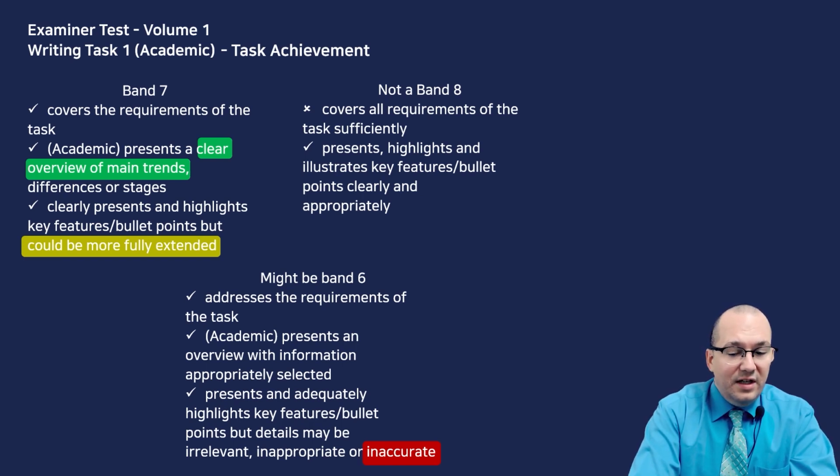If you're reporting information inaccurately, you're risking getting a 6 or even a 5 for task achievement. And this could affect your overall score. So yeah, you have to be careful that you're reporting information well. And again, this comes back to making a very clear plan, which you should be doing. So yeah, it's a band 7 overall.